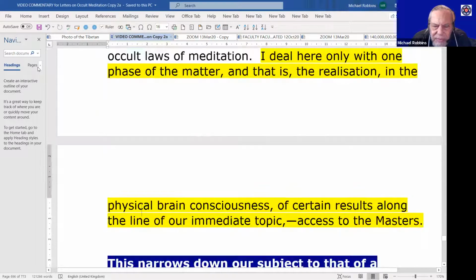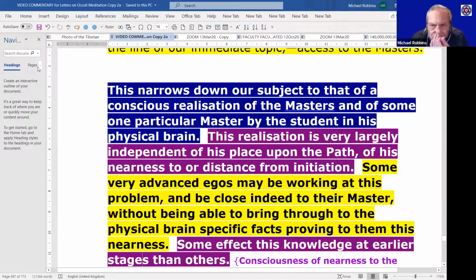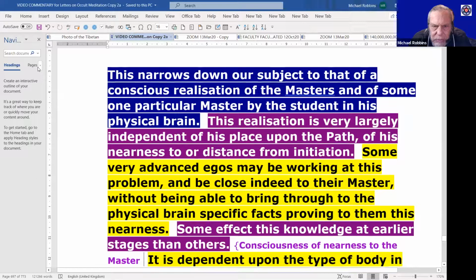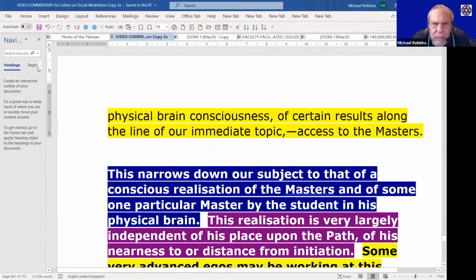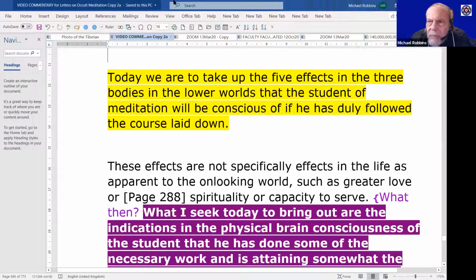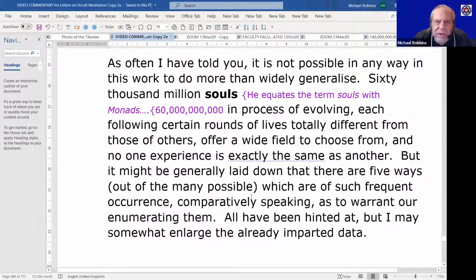Let's see here. Yes, here's that word souls. 60,000 million souls. Well, we do know that monads have consciousness and soul is consciousness. So, okay, we can, under these circumstances, equate the two terms. So 60,000 million souls.